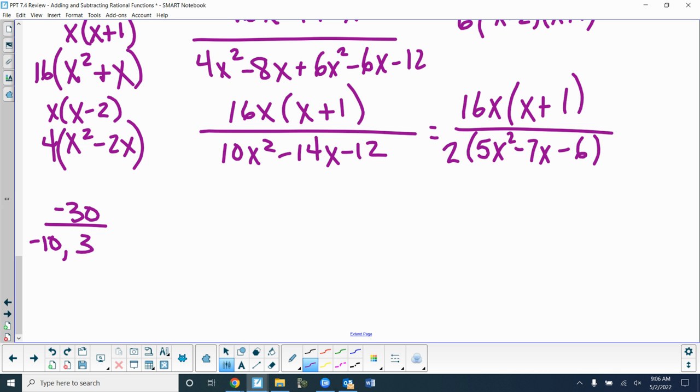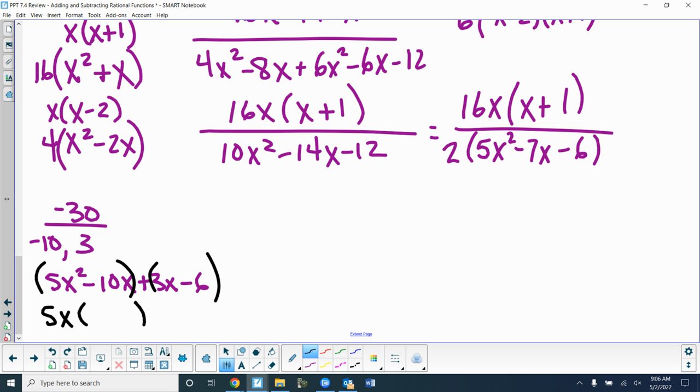Okay, here's what we did on those. We rewrote it as 5x squared minus 10x plus 3x minus 6. And then we grouped it, remember? It's been a while since we've done one like this. So the 5x would come out of that group, and the 3 would come out of this group, right?